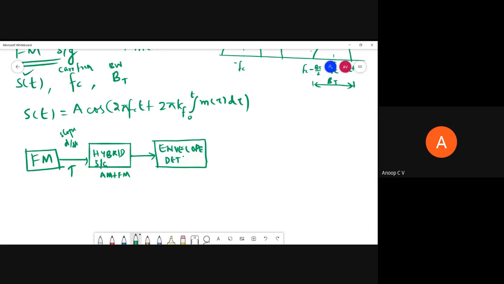In the last class, we have seen what that condition is. So this is the basic idea: FM will be converted to some hybrid signal so that there will be amplitude variation also. Corresponding to the frequency variation, we introduce some amplitude variation also. Then that amplitude variation is detected using an envelope detector.